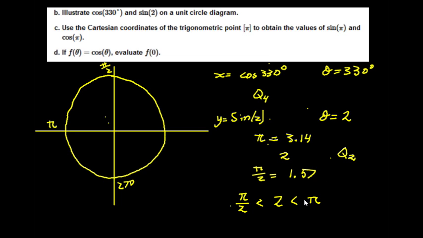So for each of these points on the diagram, the horizontal line will give the x coordinate and the vertical line will give the y coordinate.